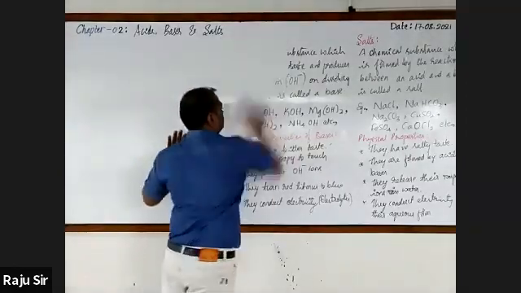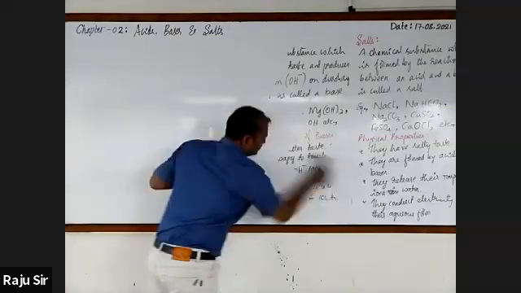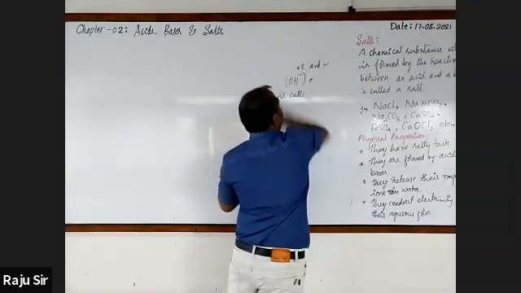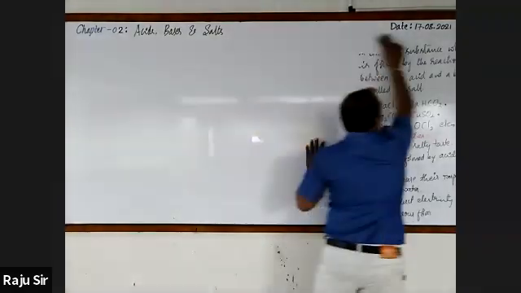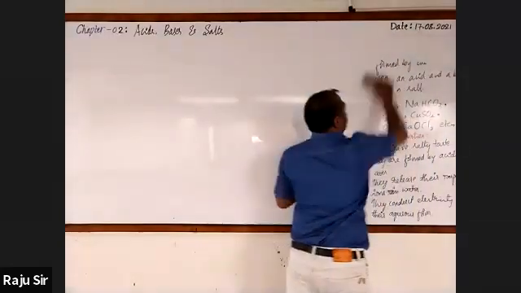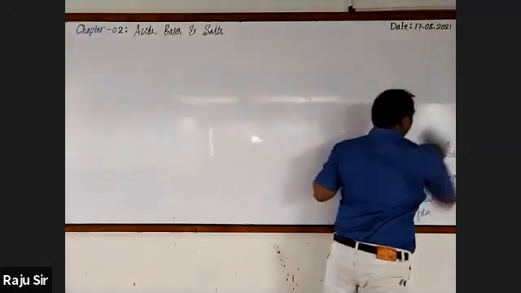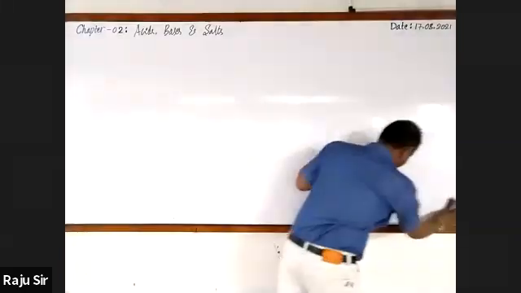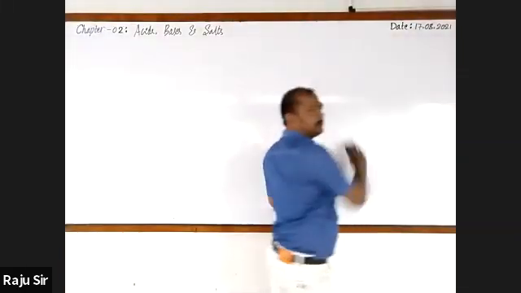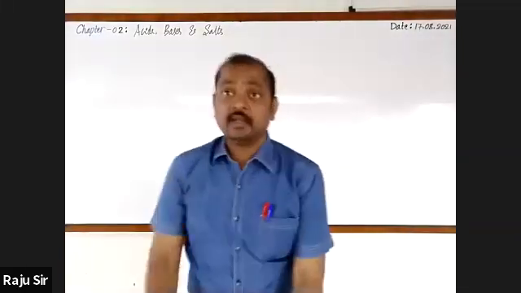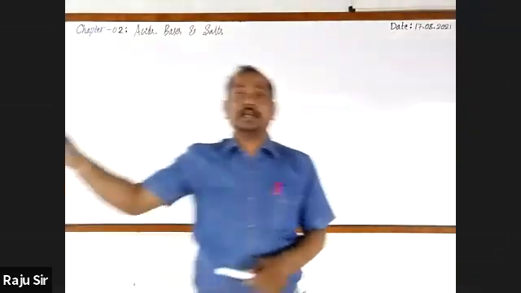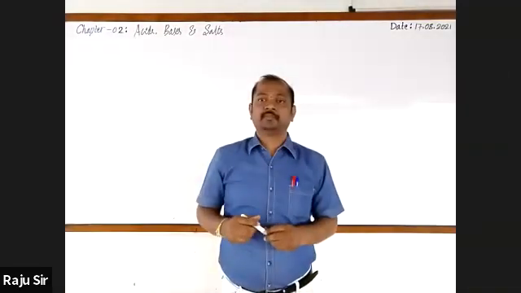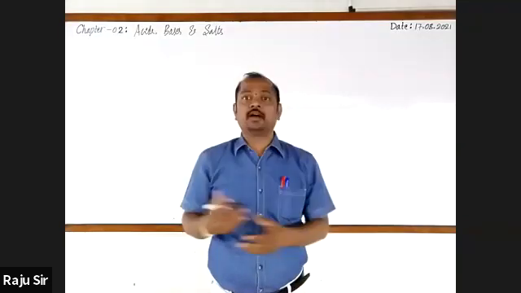Sir, bases are bad conductors of heat and electricity, no, sir. Say they are bad conductors. If they are bad conductors, obviously they should not allow the electric current to pass through them. They produce ions.